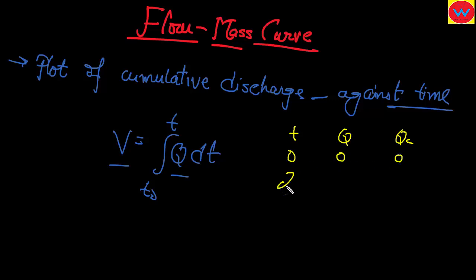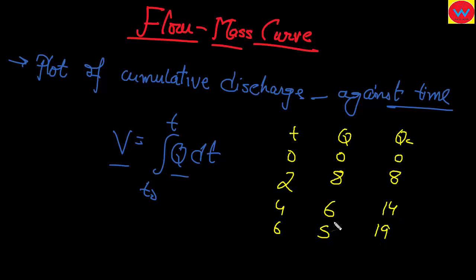At time 2 hours, let us say it is 8 cubic meters per second, then it will be 8. At 4, instantaneous discharge is, suppose, 6, then it will be 8 plus 6, 14. At 6 it is 5, then the value will be 14 plus 5, 19.